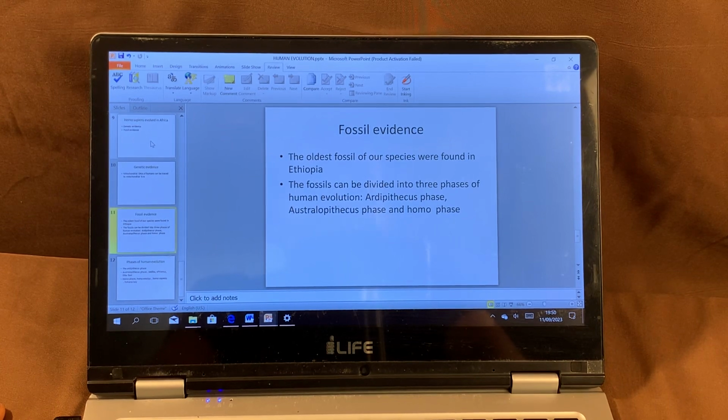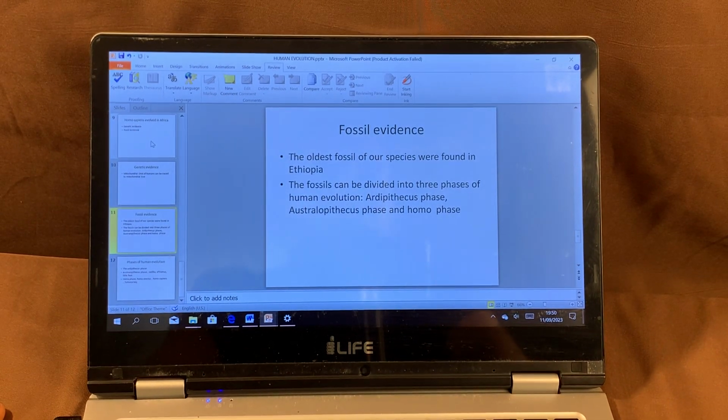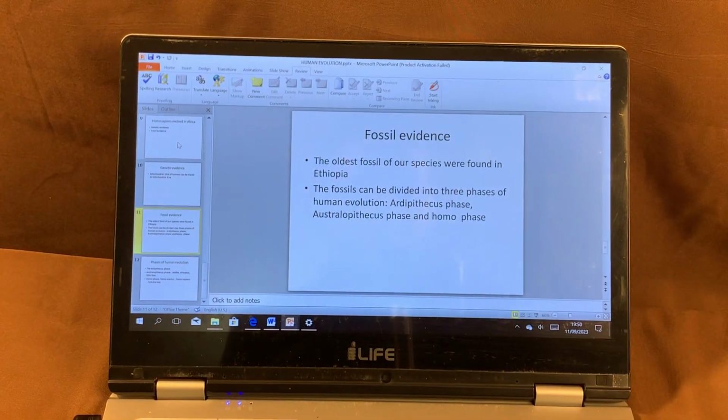Now that we have all these types of fossils, we need to somehow categorize them.